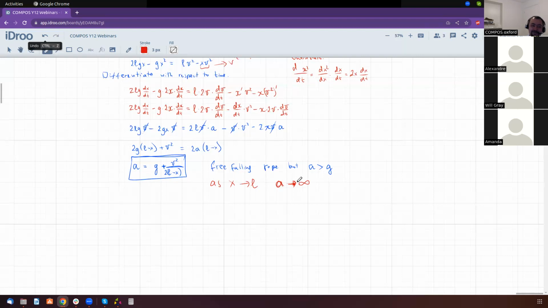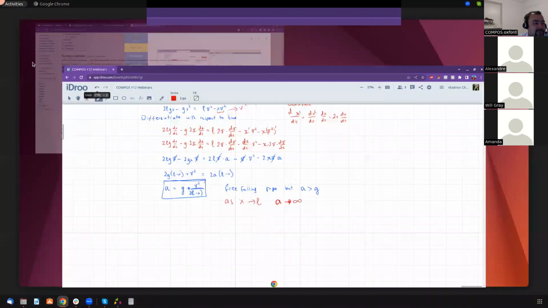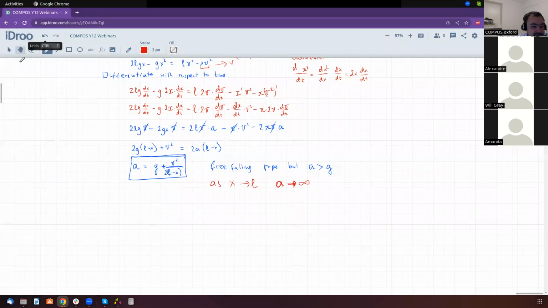But theoretically, with a perfect rope, it has to be an infinitely small rope, etc. So the model breaks down when x approaches L. So we don't know what's happening at the end, and it will swing sideways. The end will swing sideways as well, causing the whole rope to go into vibration. So this will not happen, but the model predicts this. So it's an imperfect model.